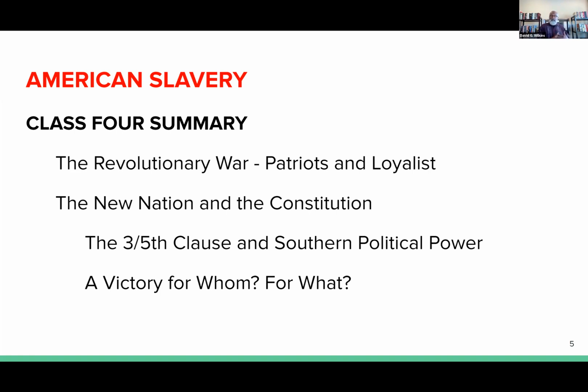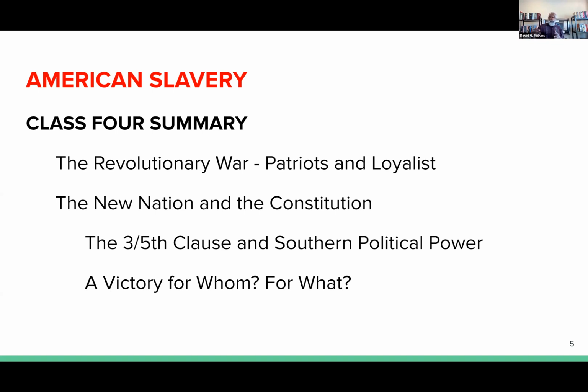Those African Americans who chose to fight for the Patriots would gain their freedom in some instances, and in other instances they would not. And so again, a tension that would obviously persist after the war and the establishment of the new Constitution, the new nation. We looked at the Constitution and its protections for slavery.